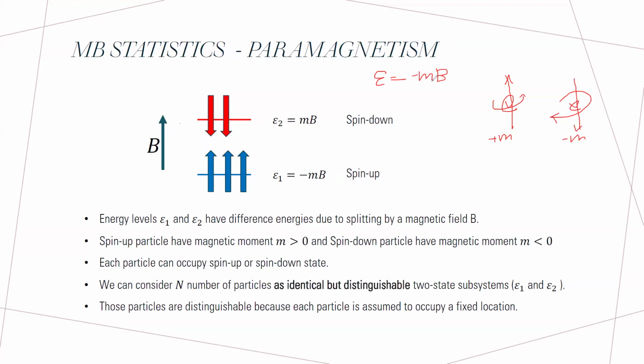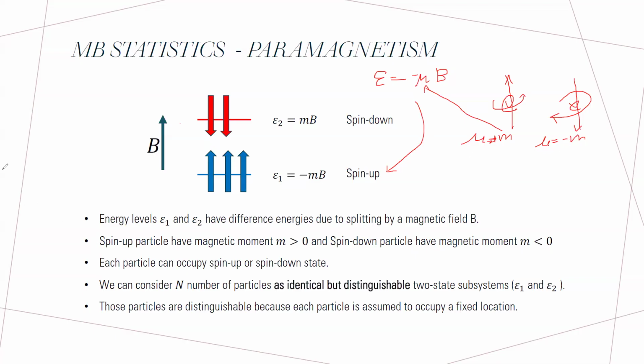Let's say this is mu. So here mu is positive m, and here we have negative minus m as the mu. So if you substitute this mu with positive m, we get minus mB.